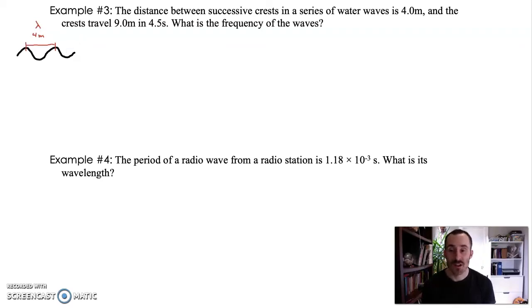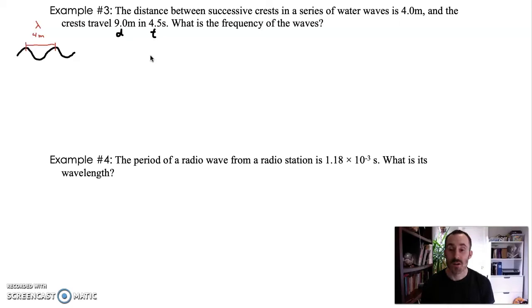It also says the crests travel 9 meters in 4.5 seconds. So that's saying that this crest travels 9 meters in 4.5 seconds. So it's saying that this part of the wave is moving at a certain speed, right? This is its distance traveled, and this is the time it took to travel there.